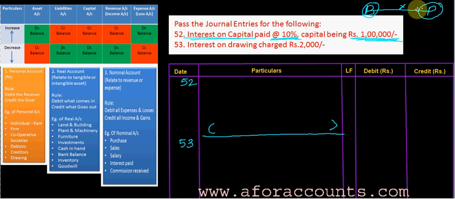So here what is happening? The proprietor is putting his money into the business, and so he is charging interest from the business, which is an expense for the business. So interest on capital, now it is clear that it is an expense for me, and an expense when it increases has to be debited.